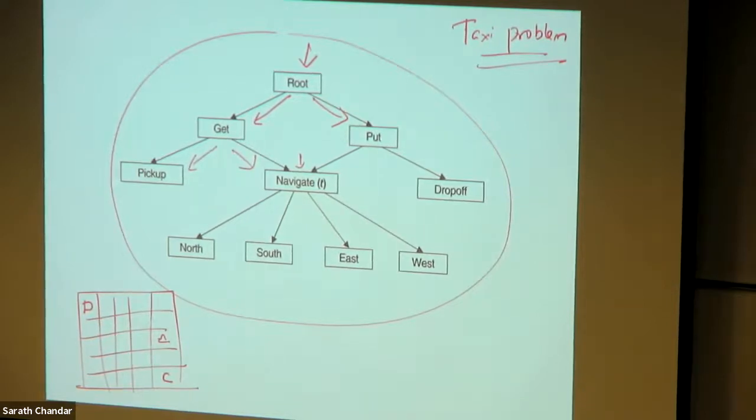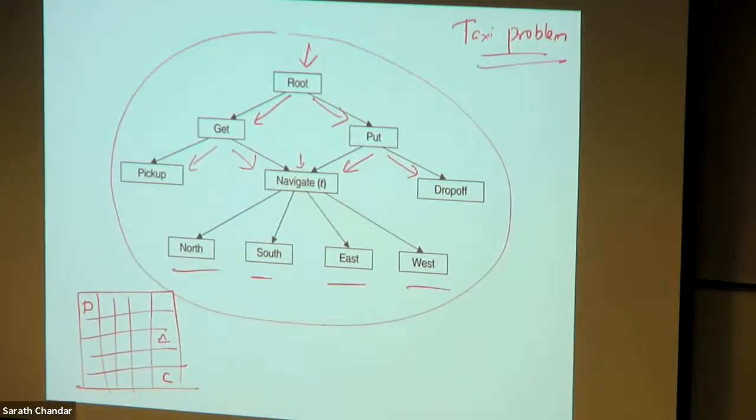It takes an argument T, where to go. So instead of learning one navigation for every point of the grid, I can have this parameterized policy. Similarly, put has a drop off, and it also requires navigate.